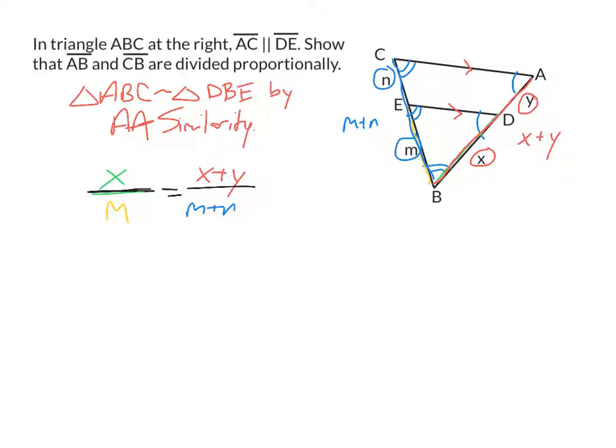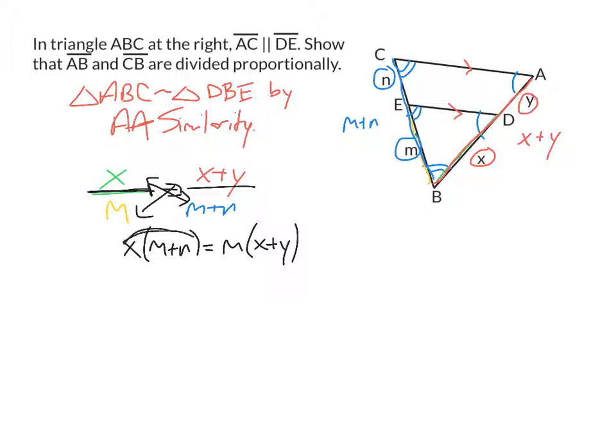Now, knowing what we know about these figures, we're allowed to do our cross multiplication. So I'm going to take the x and multiply it by m plus n, so x times m plus n, equals, and I'll do the same thing, I can take my m times x plus y. To go a little further, I'm allowed to distribute.